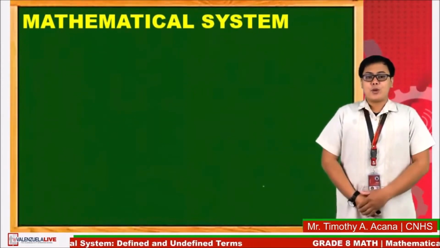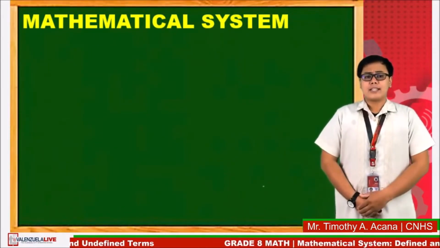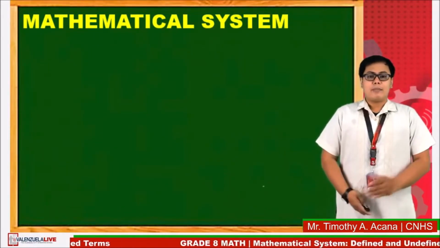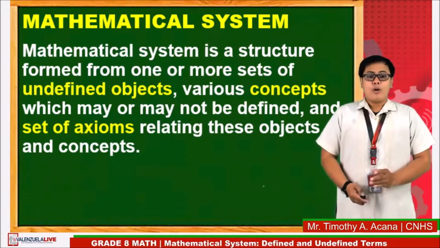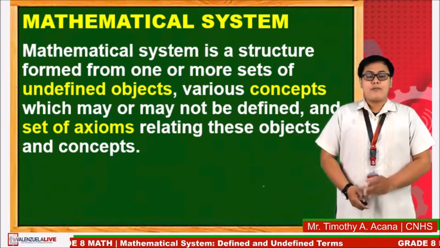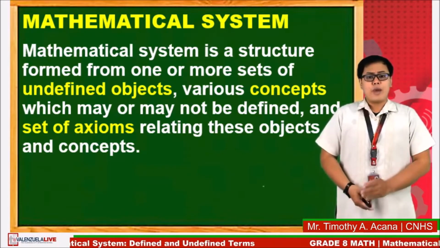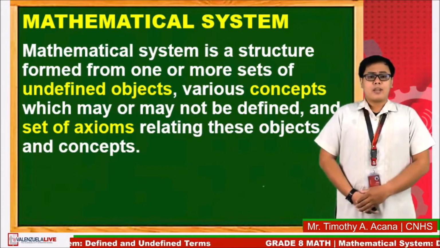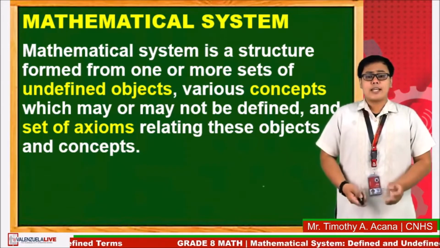Before we proceed to our topic, let us first define what a mathematical system is. A mathematical system is a structure formed from one or more sets of undefined objects, various concepts which may or may not be defined, and a set of axioms relating these objects and concepts.